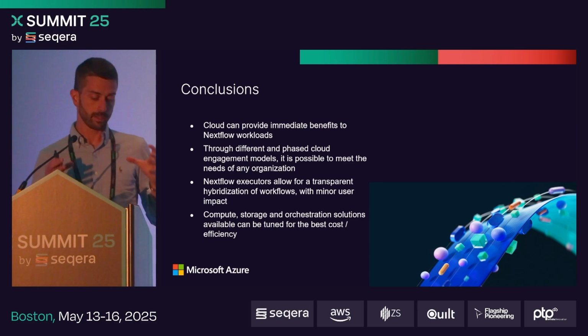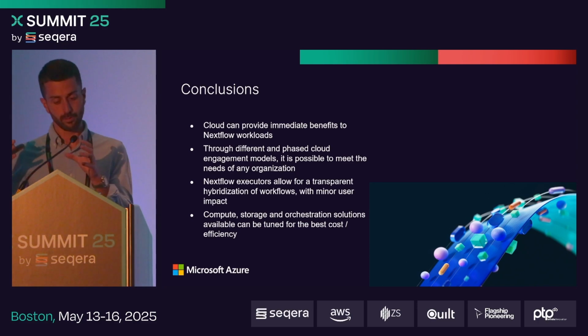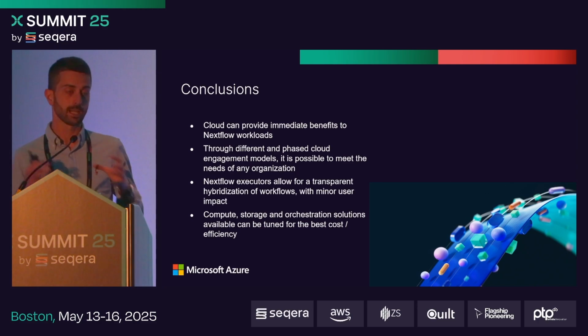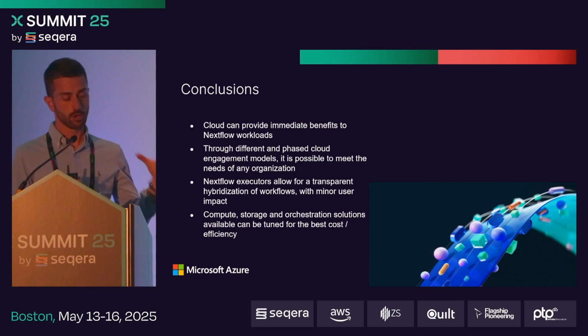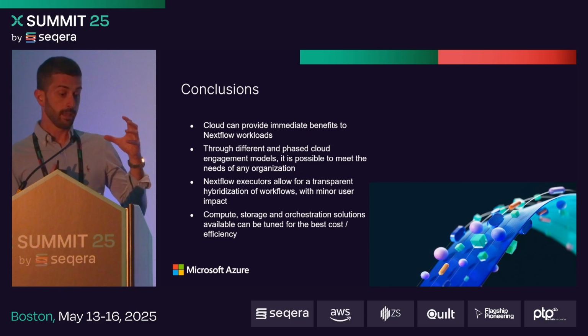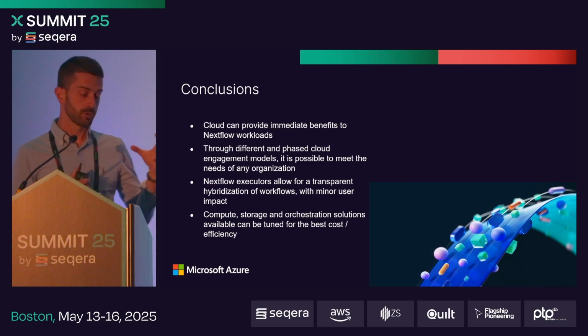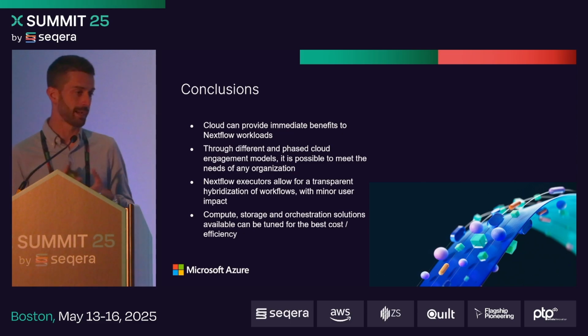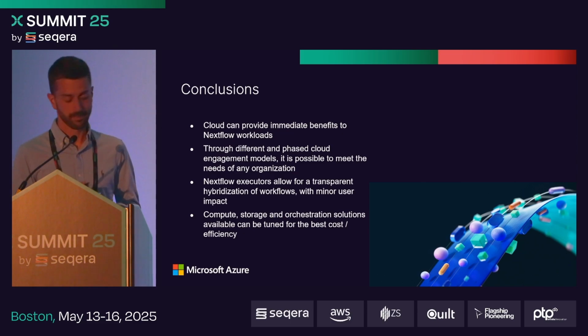But what is important is that, based on that, there is the possibility to select the cloud architecture that gives the best cost-performance blend and the best benefits for all the researchers of that organization, so that they can get the maximum performance at the minimum cost, accelerating the throughput of their research.